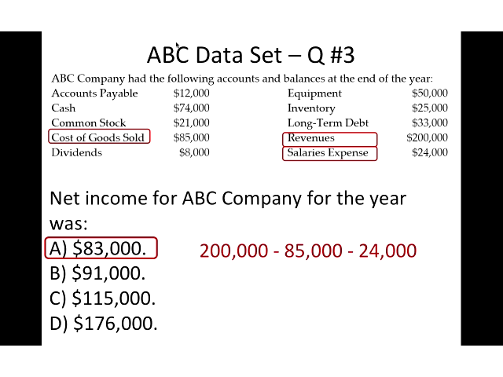Cost of goods sold is an expense that's usually your main expense, and that's 85,000. And then the last expense on this list is salaries expense for 24,000. So once you subtract that, you should get 83,000. I'll give you guys a second to write that down again.